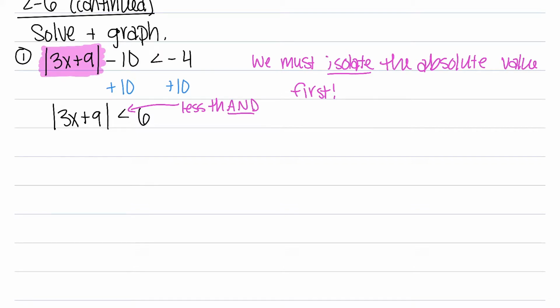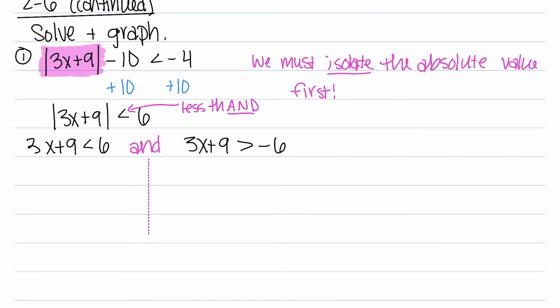So when I go to rewrite my inequality, I have 3x plus 9 is less than 6. And the word I just chose, 3x plus 9 is, remember, flip the symbol, change the sign, greater than negative 6.